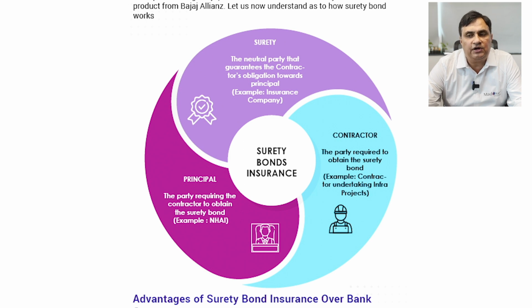Then we have the contractor, the party who is required to obtain the surety bond. Example, a contractor undertaking large infra projects. Then we have the principal who is awarding that contract, who is requiring that contractor to obtain the surety bond. Example of a principal could be NHAI, or the National Highway Authority of India.